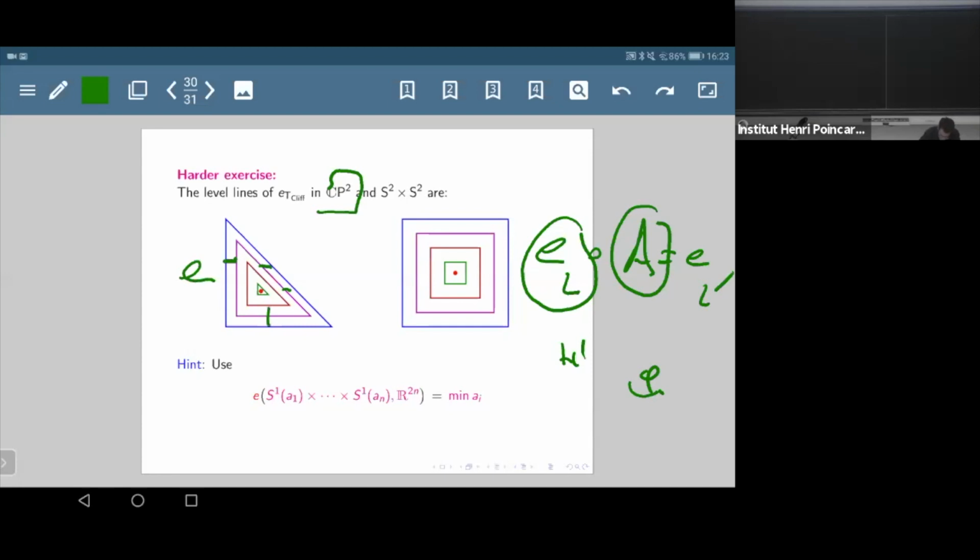And for S2 cross S2, here it's this, and here it's this. So it means that E knows the shape of the torus base, of the torus fibration base. If I give you a value C like epsilon, and I take the preimage of this level C, I actually know the shape of the torus space.